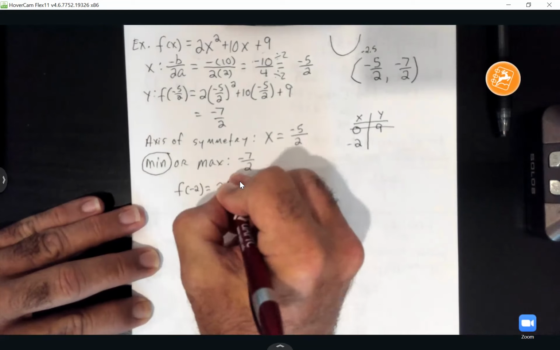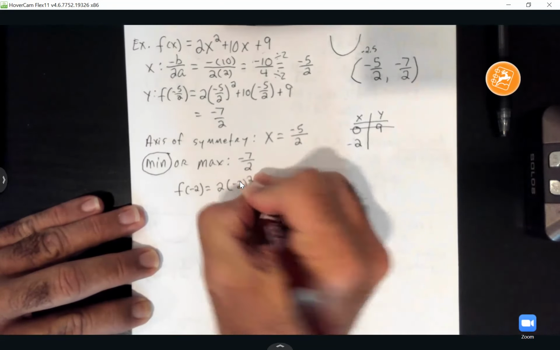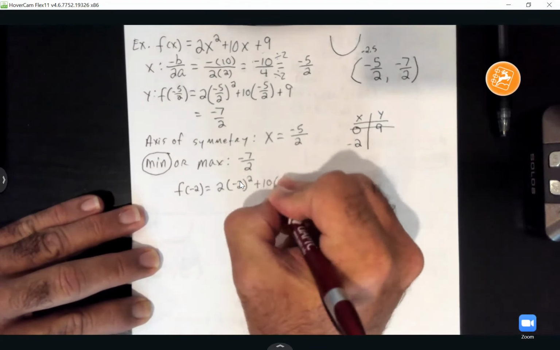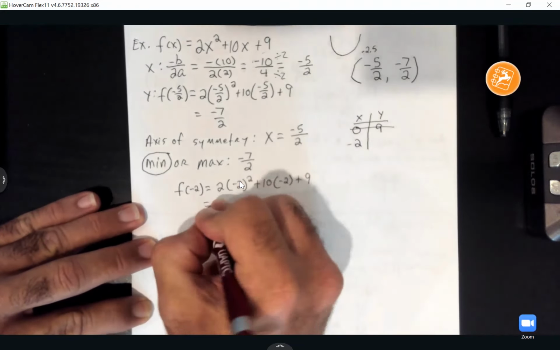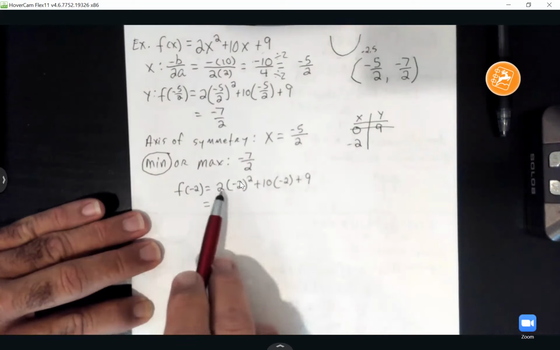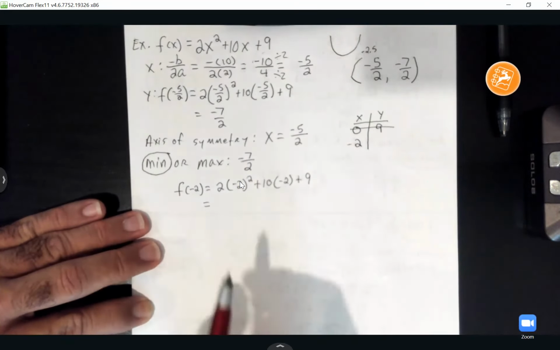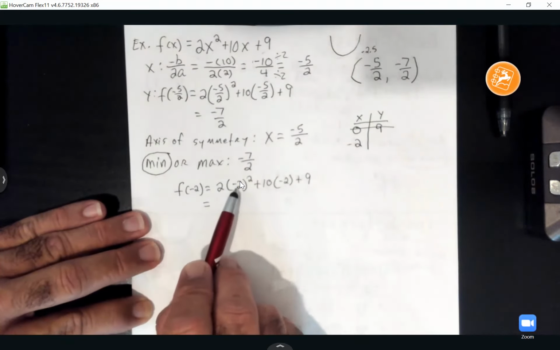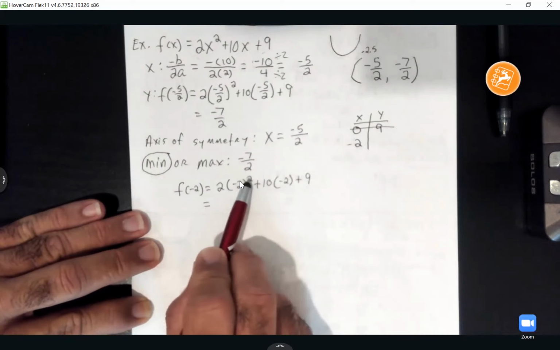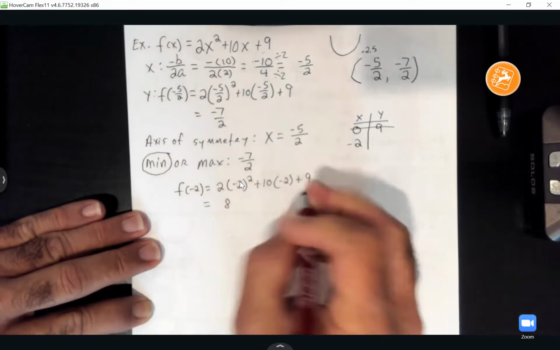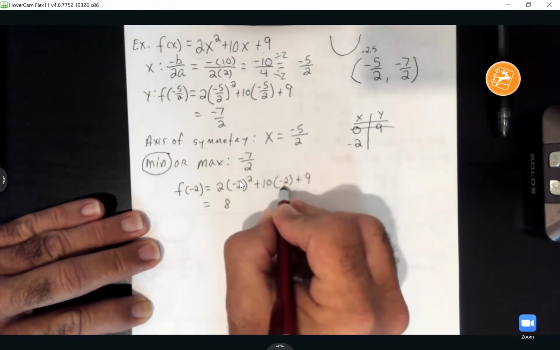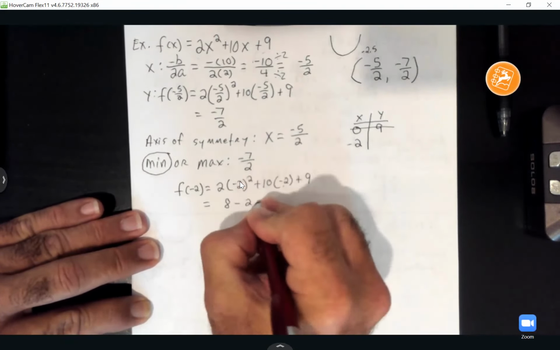So it's going to be 2 times -2 squared plus 10 times -2 plus 9. Remember, at that point, if you want to, throw that in the calculator and be done. But y'all watch this. -2 squared is 4. 4 times 2 gives me 8. 10 times -2 is a -20.